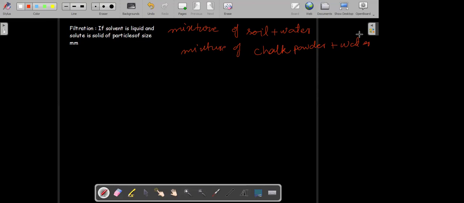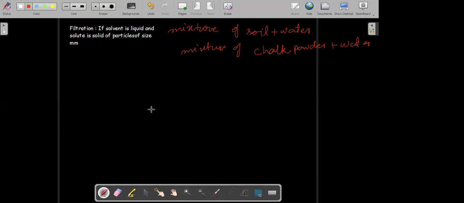Yes, sir, the particle size is 1 millimeter? Yeah, it has to be around the size of few mm. 1 mm, 2 mm, 3 mm. If this is the particle size, then they can be separated out easily by the process of filtration. Can it be like 0.2 mm?